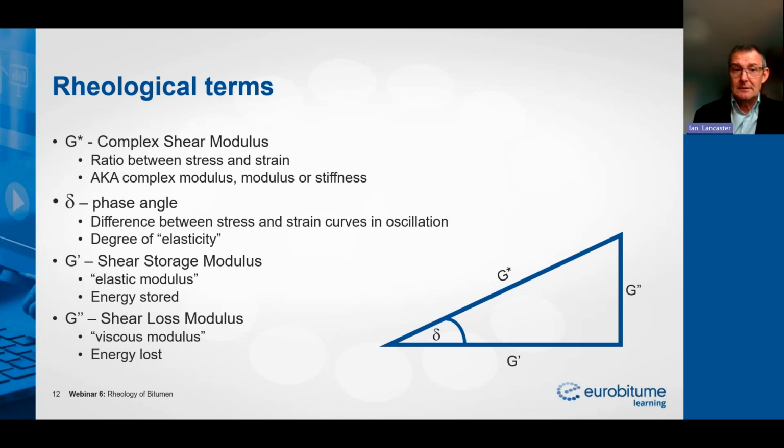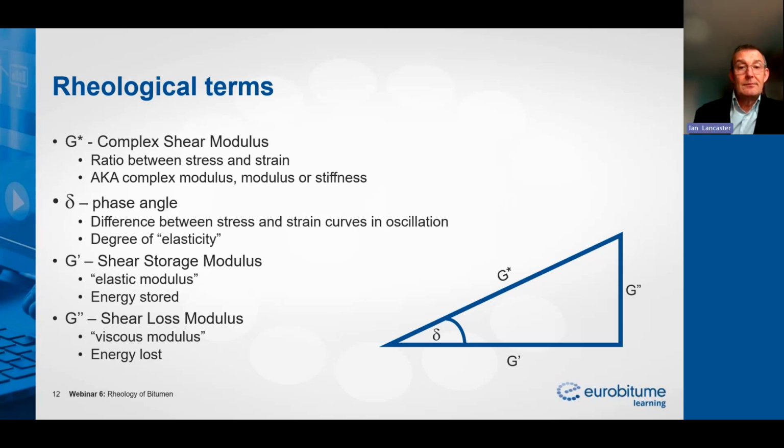G prime is known as the shear storage modulus or the elastic modulus, and that's a measure of how much energy the binder can store when it's subjected to a load or a strain or whatever. G double prime, also known as the shear loss modulus or the viscous modulus, is a measure of the amount of energy that is lost.